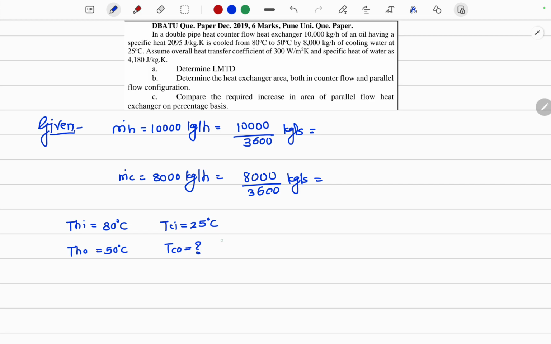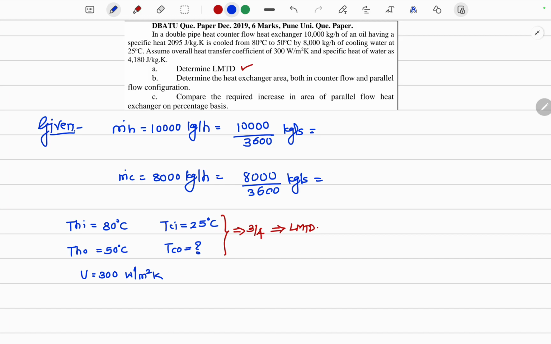So now immediately we understand that because 3 out of 4 temperatures are given, we have to use the LMTD approach, and also it has been asked in the question itself. Then overall heat transfer coefficient U is 300 watt per meter square Kelvin.